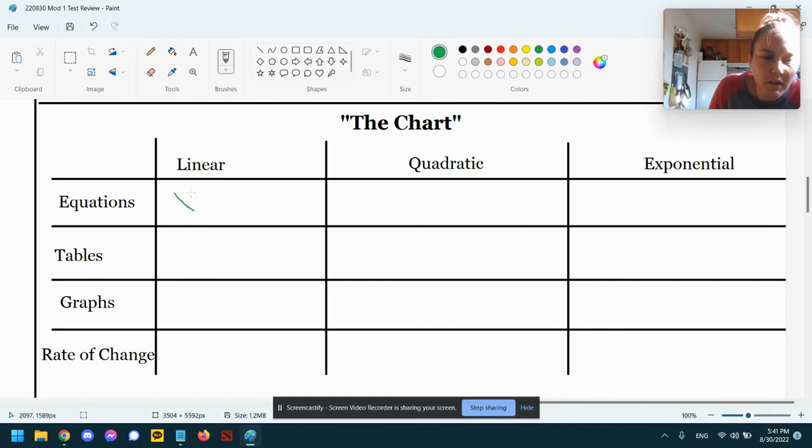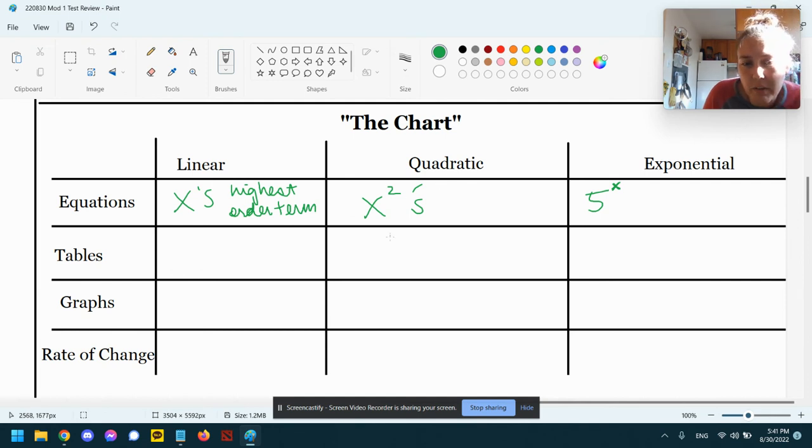The linear equation has x terms. The quadratic equation has x squared terms. An exponential has numbers with x as the exponent. So x's are the highest order term. x squared, and you might have to multiply these out. So like an example of a quadratic form would be this.